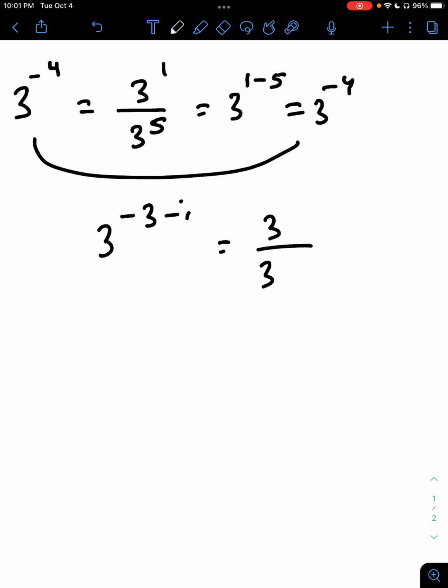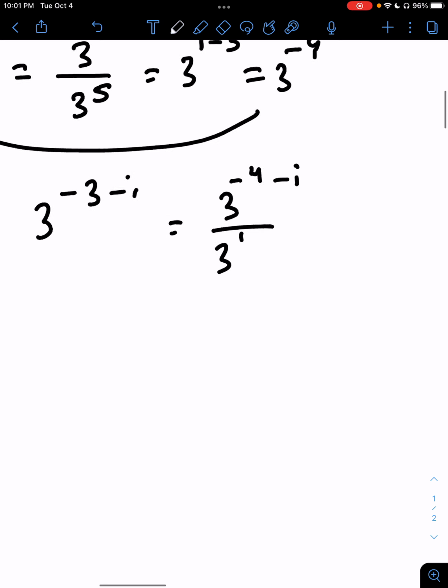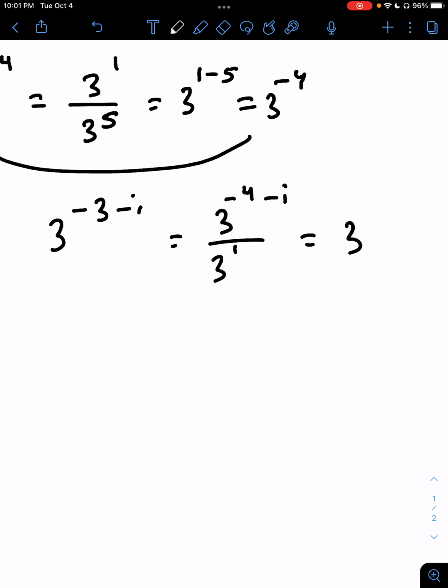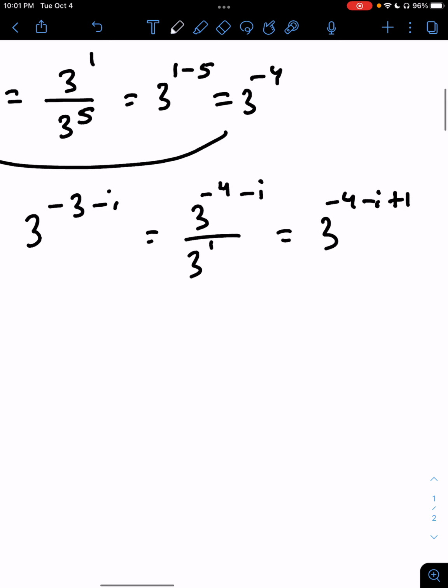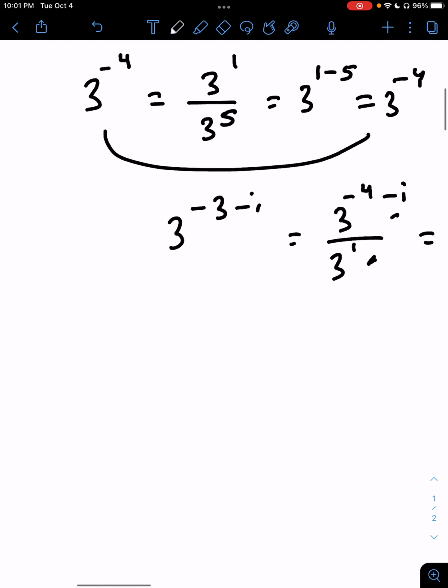Just ignore the i. The i is just going to be there. And that's going to be, let's say, negative 4. Let's say that's just 1. So this is just going to be that plus 1. And negative 4 plus 1 is negative 3. You could have any number on the bottom or at the top, I'm just giving an example.